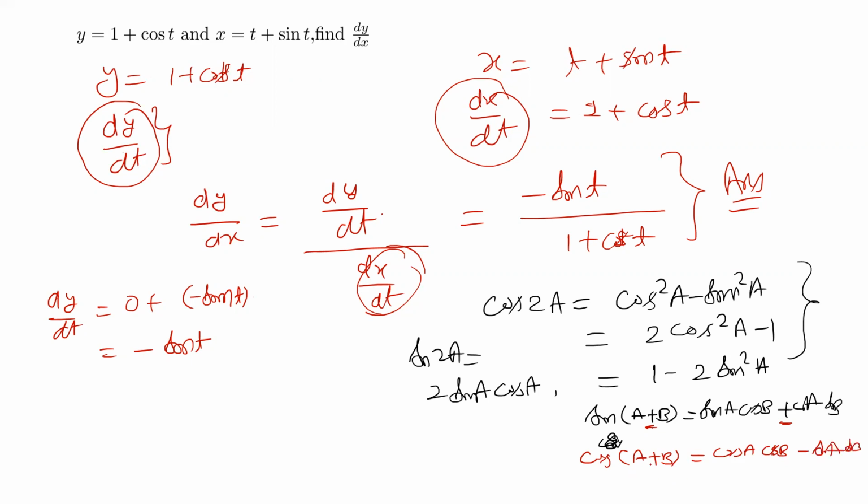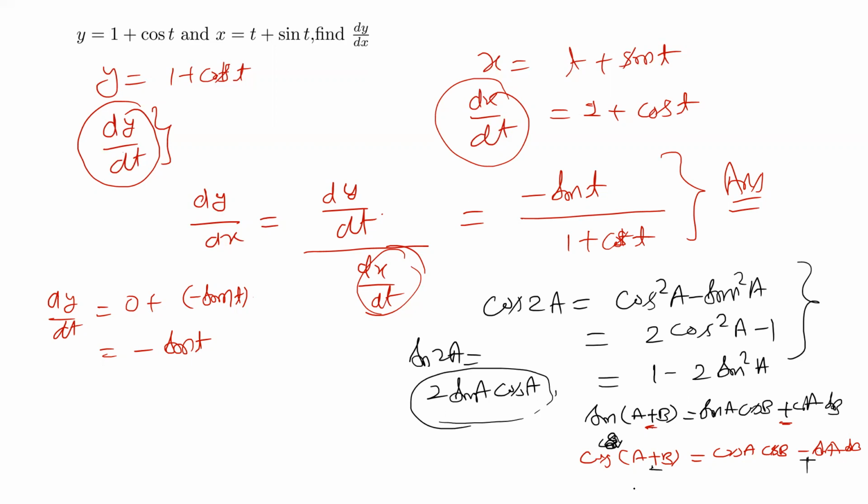In the case of cos, a plus sign gives a minus sign, and for cos a minus b you get plus. So to find sin 2a, put b equal to a itself: sin a plus a gives sin a cos a plus cos a sin a, which is 2 sin a cos a.